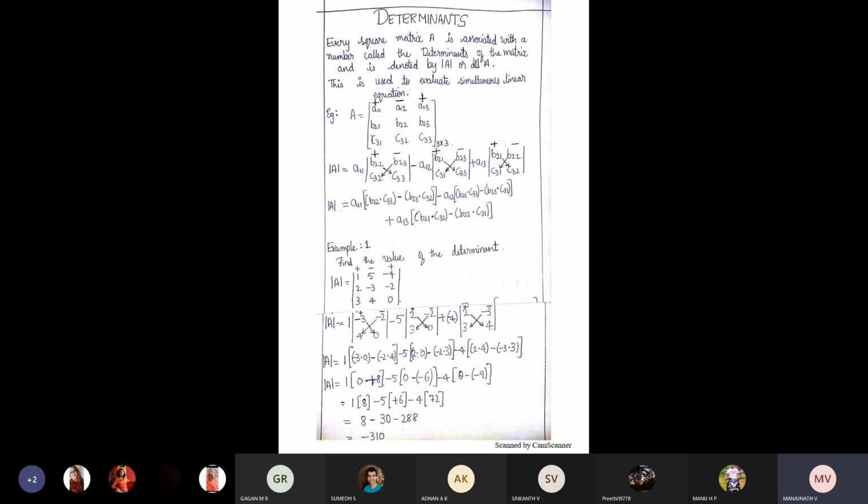Next, go for the last one. C31 is equal to 3. C32 is equal to 4. C33 is equal to 0.